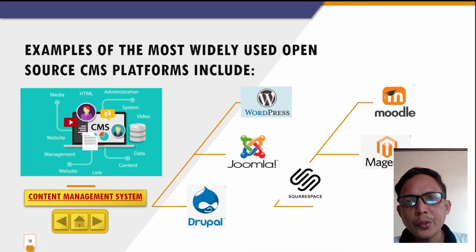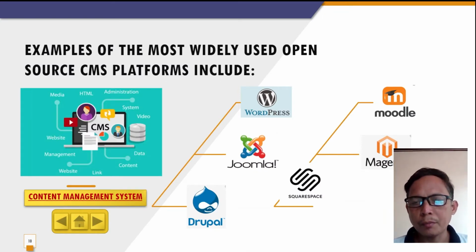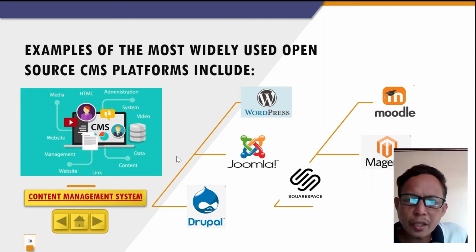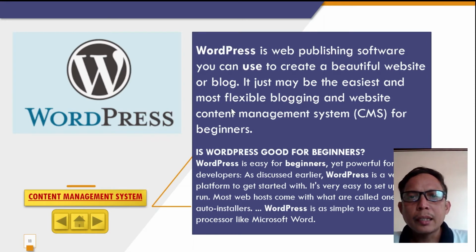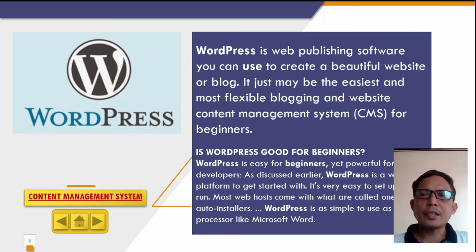Examples of the most widely used open source CMS platforms. First is WordPress. So what is WordPress? This WordPress is actually web publishing software that can be used to create beautiful or professional-looking websites or blogs. WordPress is good for beginners, yet powerful for developers.